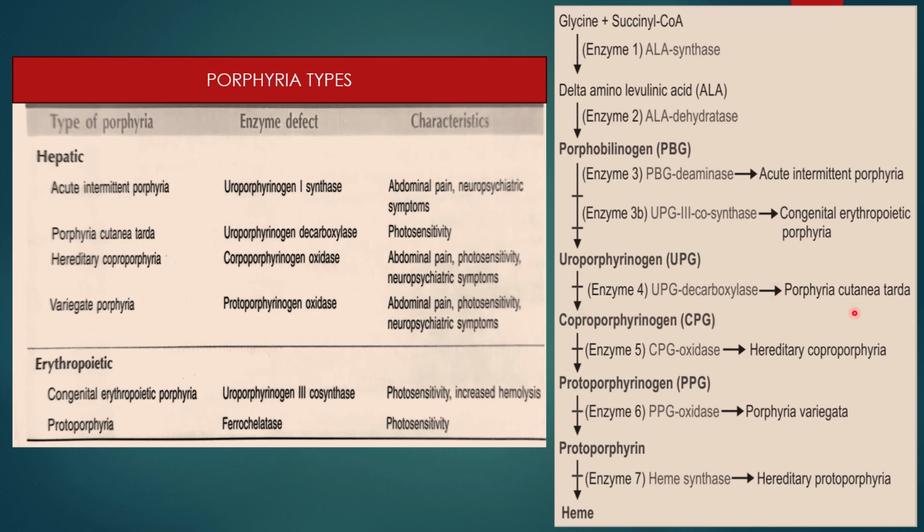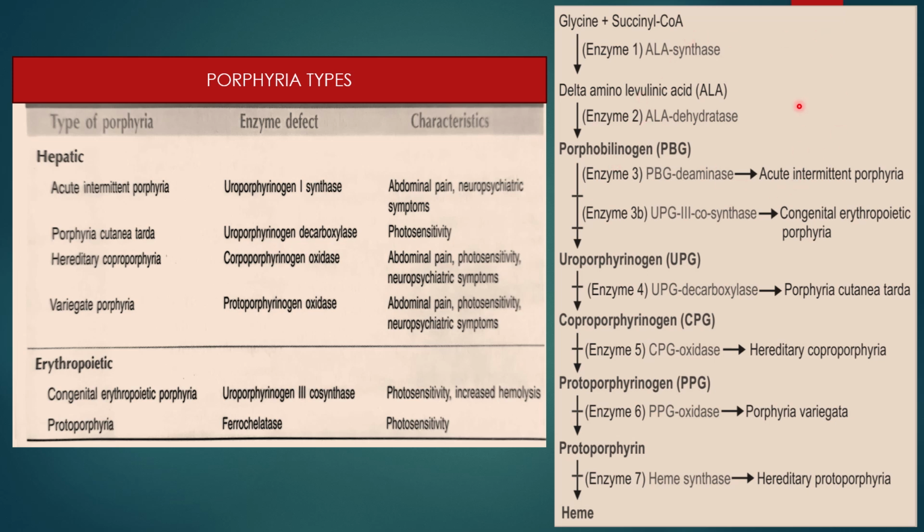Then the next is uroporphyrinogen decarboxylase, and a defect in this enzyme leads to porphyria cutanea tarda, which is the most common type of disorder, and it is associated with photosensitivity. Below uroporphyrinogen synthase, from this onward, there is synthesis of the porphyrin ring, and above this enzyme PBG deaminase, in none of the precursors is there any porphyrin ring.